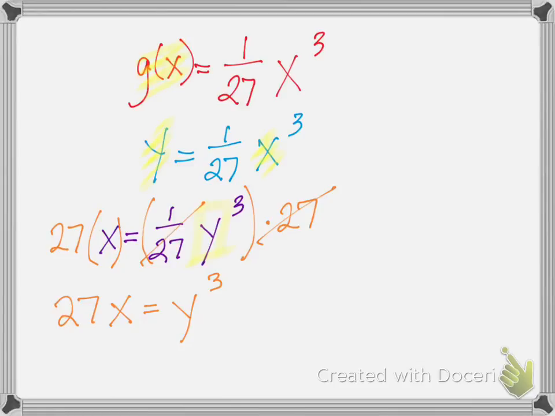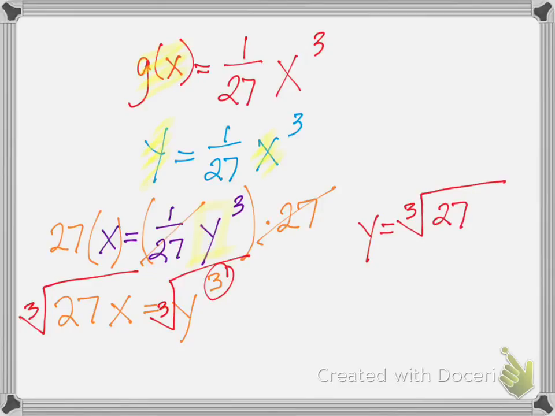Then to get rid of the cubed, I need to cube root each side. And so when I cube root 27x, I'm just going to write this over here. I need to see if I can simplify this, kind of like we simplified our square roots. If you typed this into the calculator, I'm going to separate this.